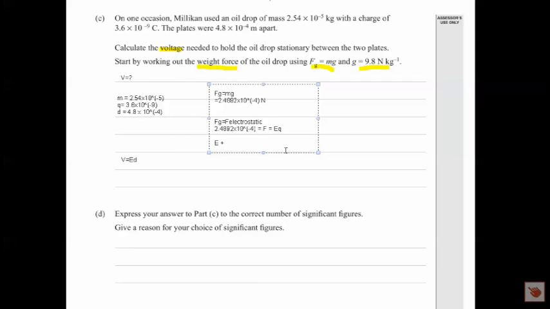So let's rearrange this equation so we can get something useful out of it. E will equal the force gravity divided by the charge on the particle. So that's 2.4982 times 10 to the power -4 divided by the charge, which is 3.6 times 10 to the power -9.